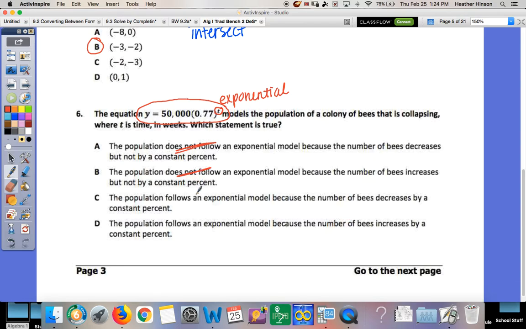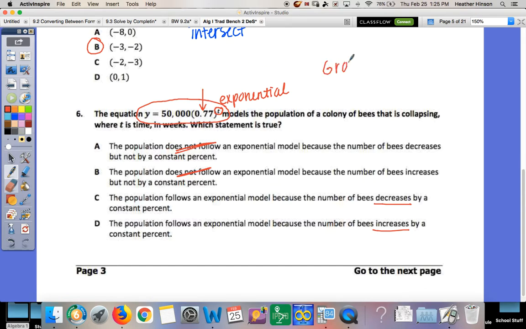So we need to know, does it follow an exponential model because the number of bees decreases by a constant percent, or because the number of bees increases by a constant percent? Look at your multiplier, 0.77. Is that a growth or decay factor?